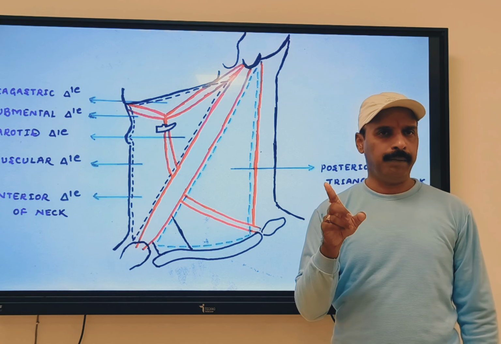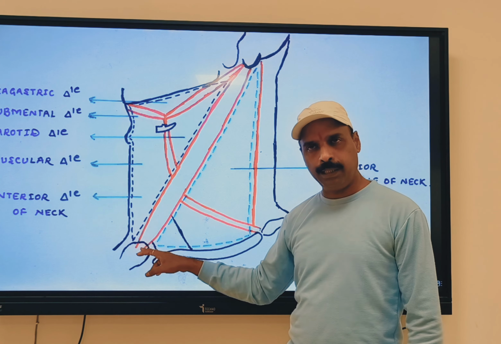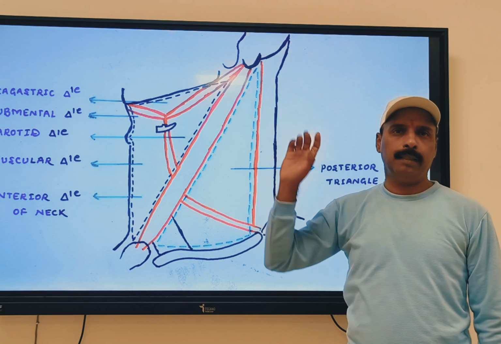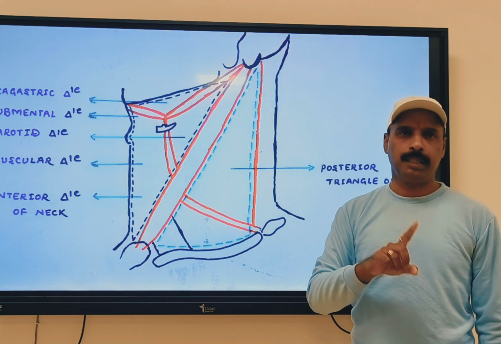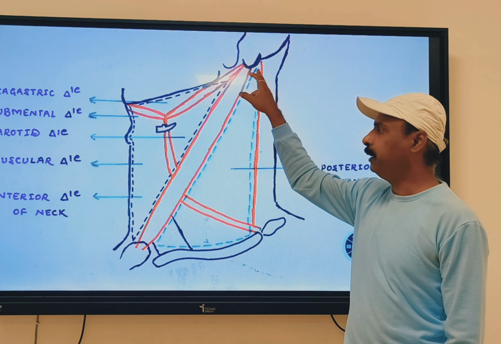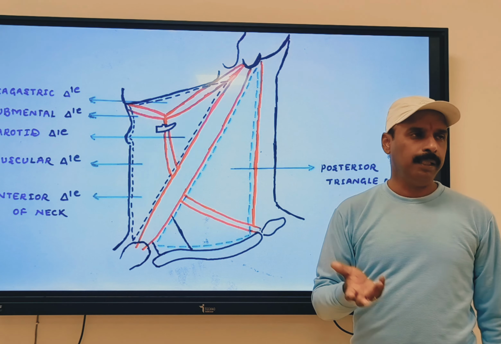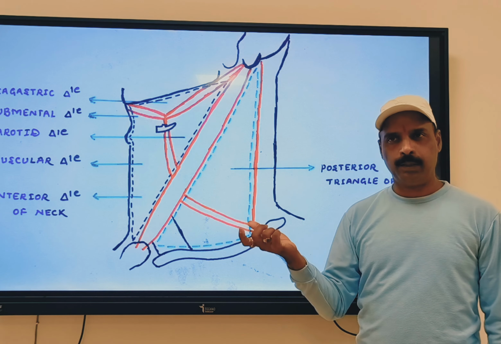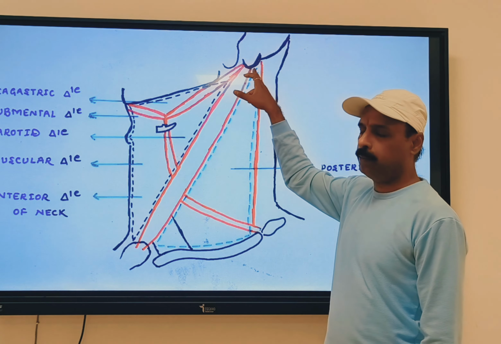It has two heads, sternal and clavicular, so it is named sternocleido. Then it inserts at the mastoid process. So sternocleidomastoid: origin in two parts, insertion at one point. That is all in the name of the muscle. In short form we may call it sternomastoid. Sternocleidomastoid is the complete name, but you can use sternomastoid.